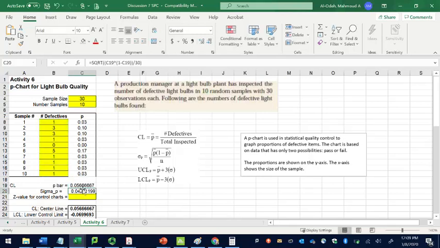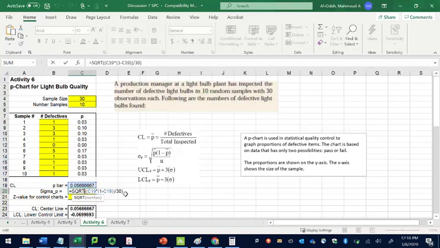Now, the second part is to find the sigma, the standard deviation for this sample. The sigma would be the square root of p bar times 1 minus p bar, divided by n. So the square root of C19, where I found the p bar, times 1 minus C19 again, divided by 30.